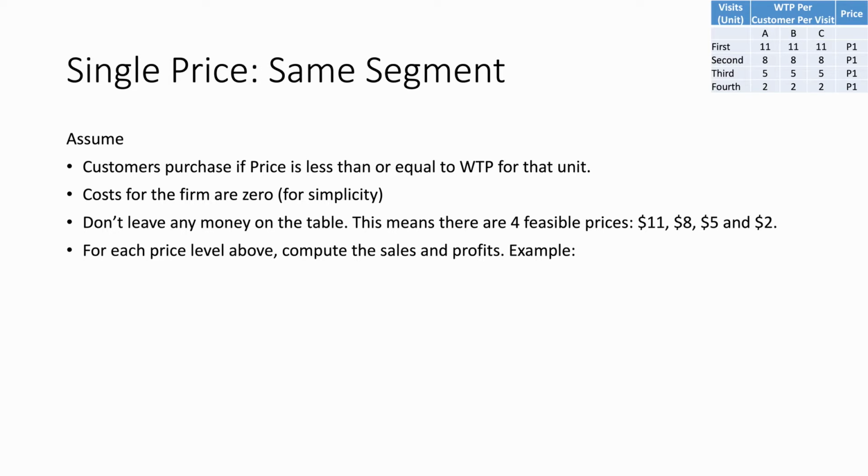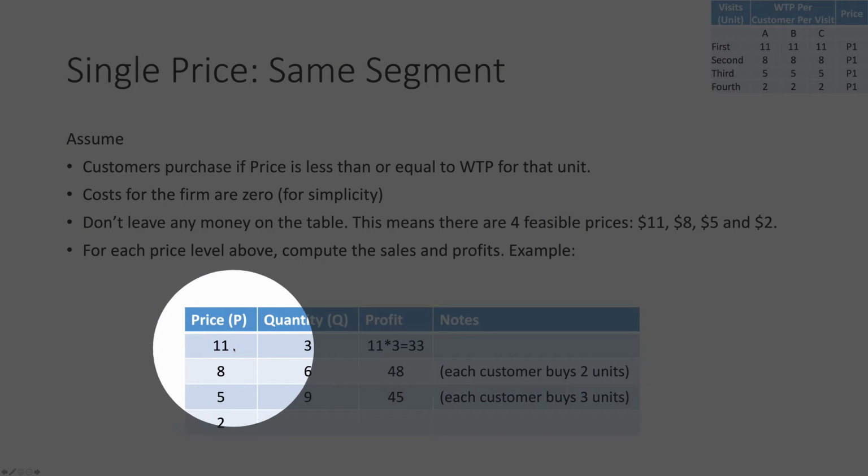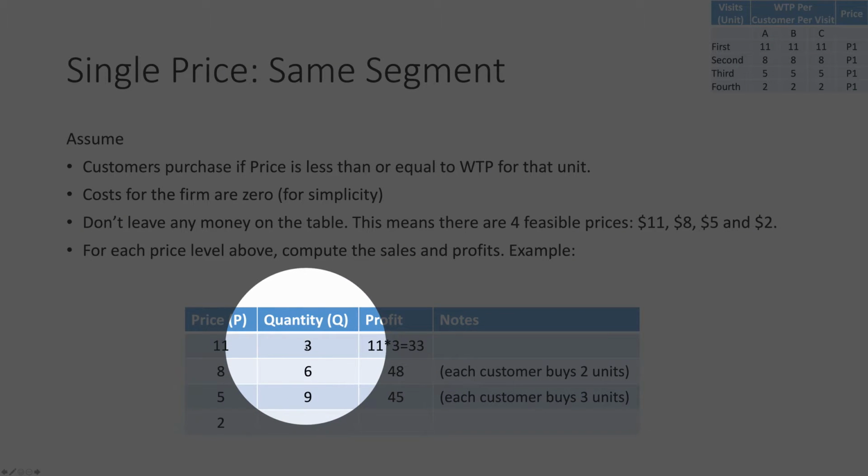So for each price level, we calculate the unit sales and the profits. Again, when we refer to sales in this class, we are always talking about unit sales, not dollar sales. As you can see in this table, first, when we charge $11, the total tickets sold is 3.